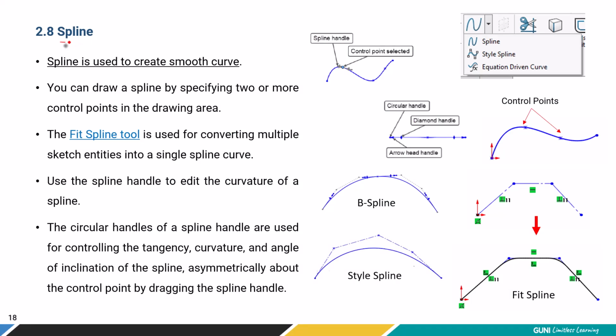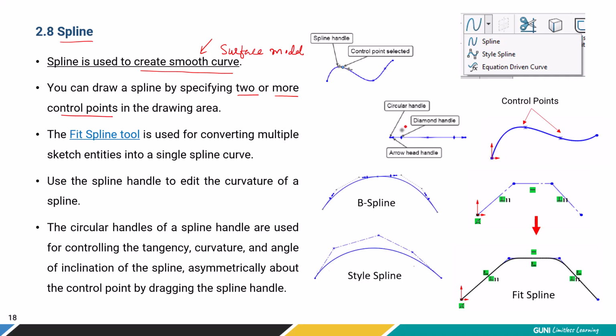Now let's discuss spline tools. Spline tool is used to create smooth curve. It is widely useful in surface modeling. You can draw a spline by specifying 2 or more points, which are referred to as control points in the drawing area. If you look over here, when you try to draw the spline, it will offer you handles.